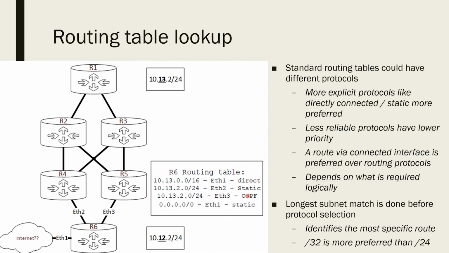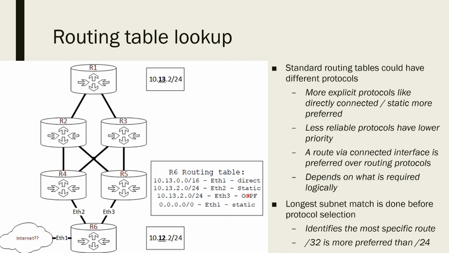Now, for each vendor there is a different list, and it's slightly different depending on the vendor. That list can also be managed router by router. You can change your routing information for static implementations to be less reliable or less preferred compared to other protocol routing information.